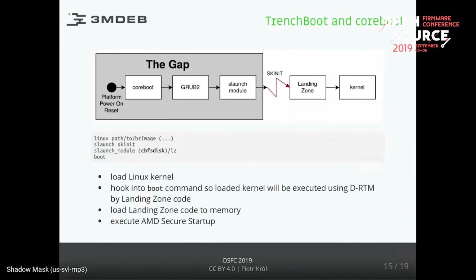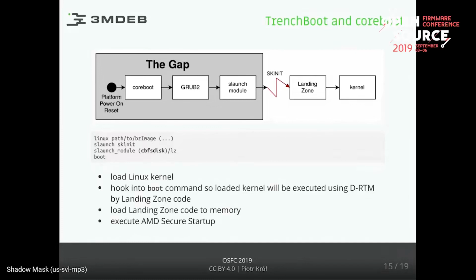So how it looks: this is a piece of code from the GRUB config. We typically have some path to the Linux kernel, and then we claim that we want to use skinit. There is an alternative for the Intel version too, developed by people from Oracle and Apparatus Consulting. And then we have slaunch, our secure loader, which we take from the SPI flash, indicated by this CBFS disk.